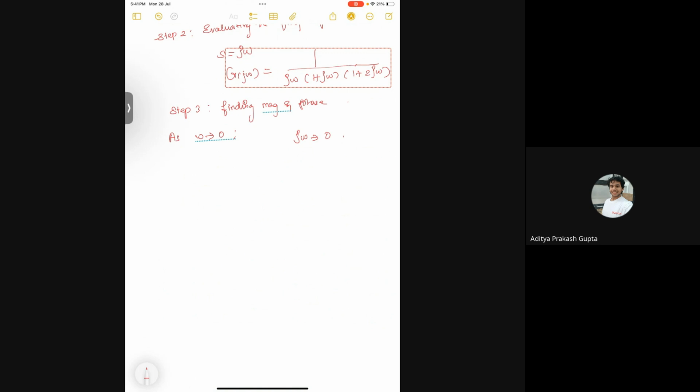So what will it give? The magnitude will be 1. Angle would be, whenever there is a 1 by j omega, it will be minus 90 degrees. Tan inverse of j omega, tan inverse of 0. It will be minus, right?